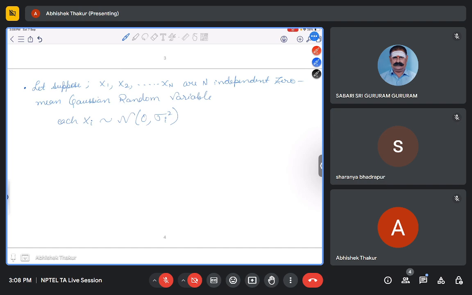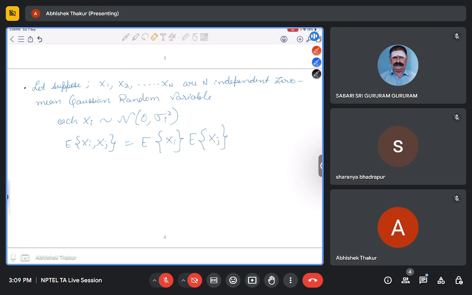So now, if the mean is 0, the expectation of xi and xj, since xi and xj are independent, we know that for independent variables this we can write as the expectation of the product of both functions, that is the product of the expectations of the individual functions.